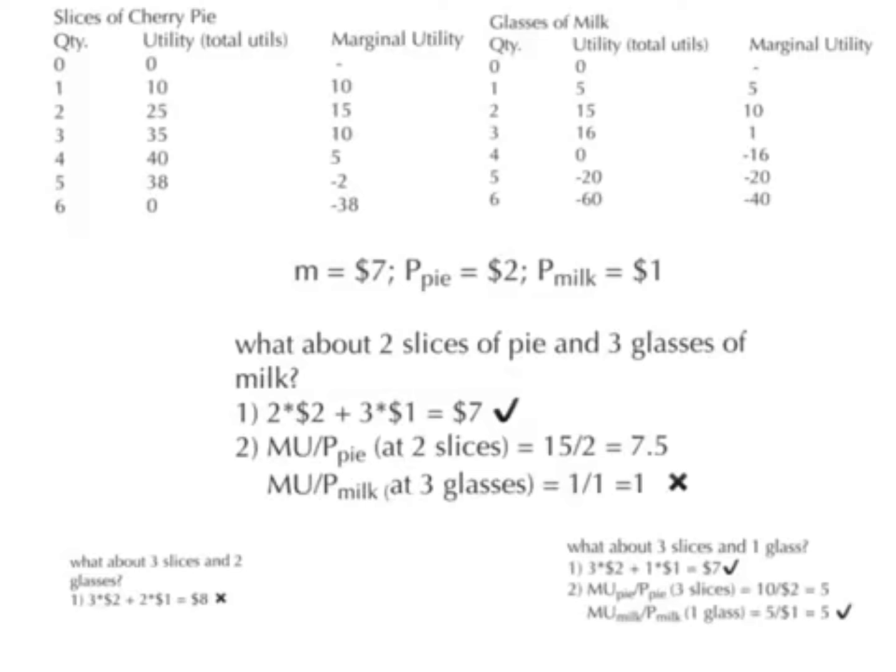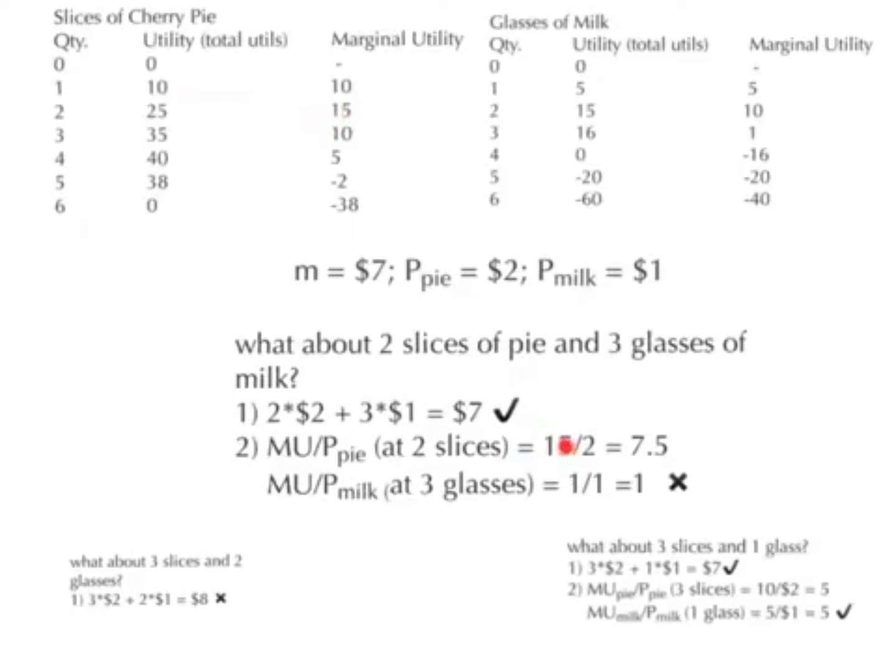So when we go to maximize marginal utility per dollar for the 2 goods, and again, remember that we're measuring marginal utility per dollar at a particular level of consumption. So 2 slices, so what we need to do is we go up to the marginal utility at 2 slices, and we can see that the marginal utility at 2 slices is 15.